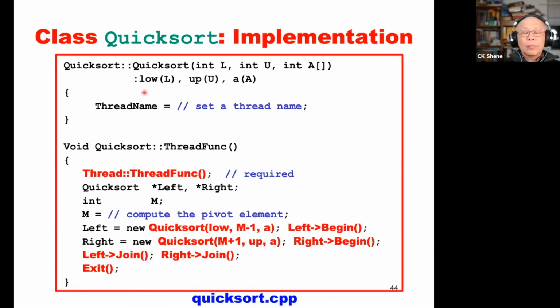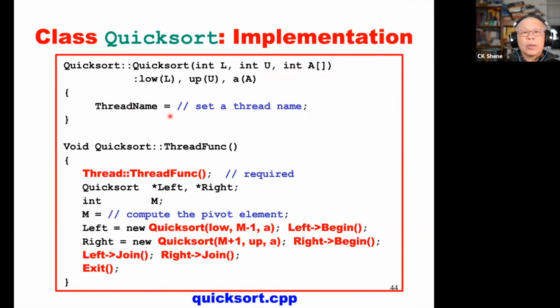Remember this colon. Each of this pair means we use the argument to initialize the variable low. And we use the argument U to initialize the upper bound, declared as private variables. And we use this pointer to the uppercase A array passed to it to initialize the local pointer. We try to remember. And then don't forget to give this thread a name. How will you be able to give a thread a name?